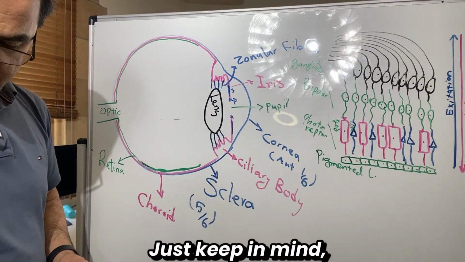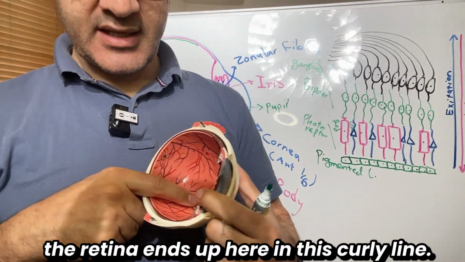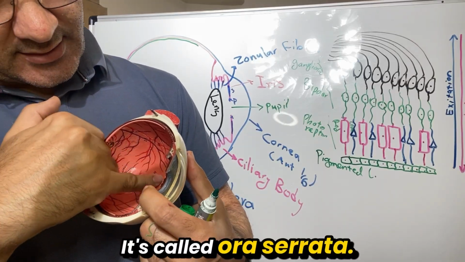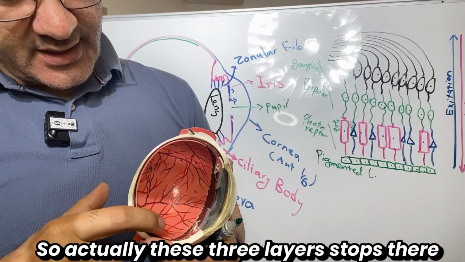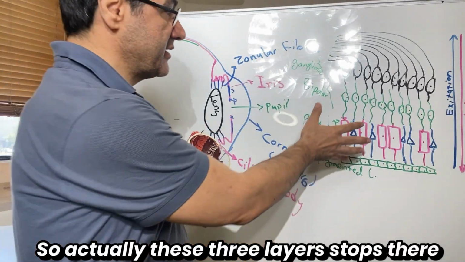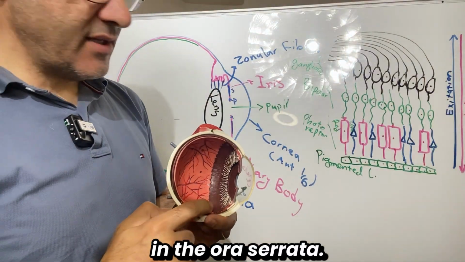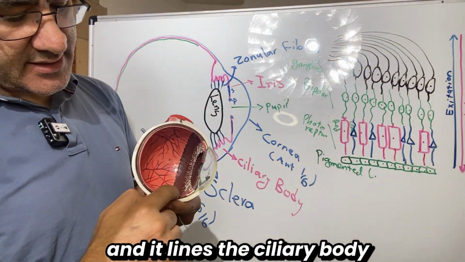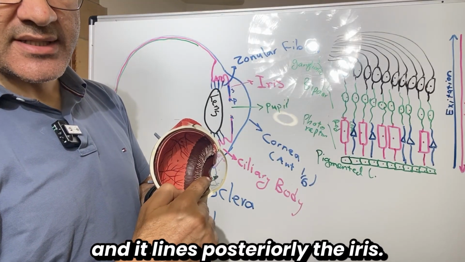And just keep in mind this, the retina ends up here in this curly line. It's called ora serrata. So actually these 3 layers stop there at the ora serrata, but the pigmented layer continues and it lines the ciliary body and it lines posteriorly the iris.